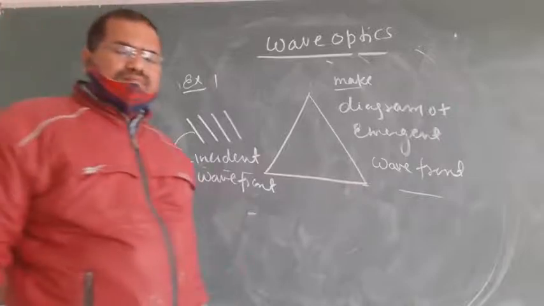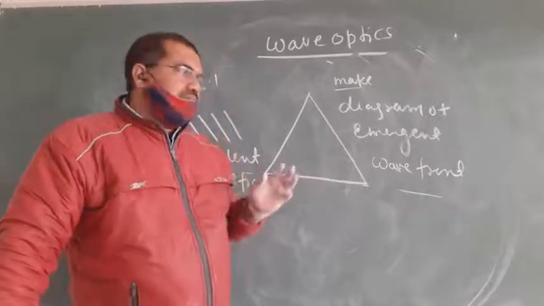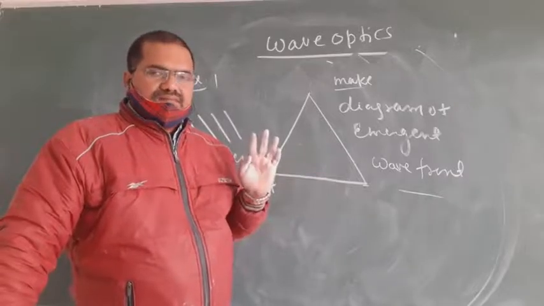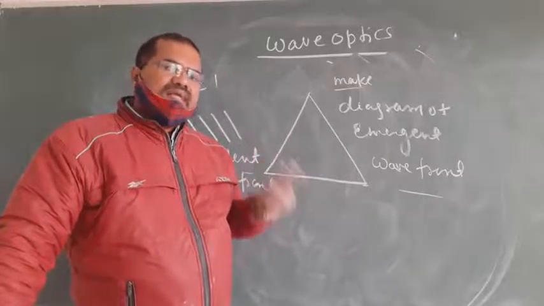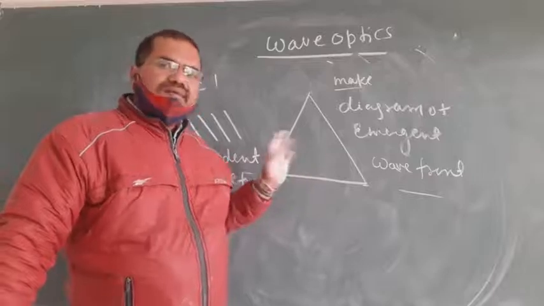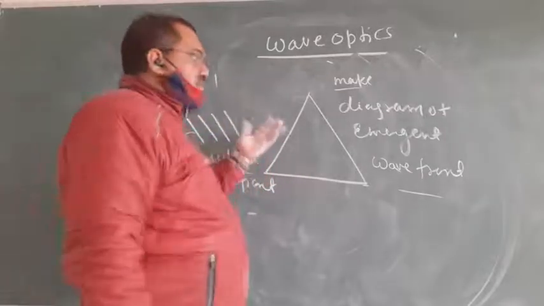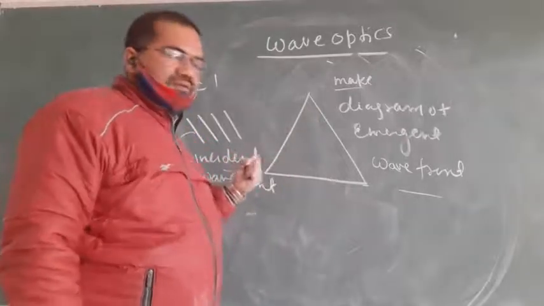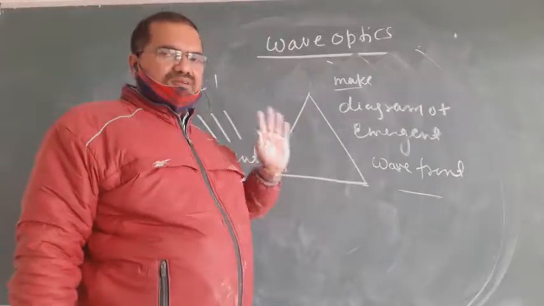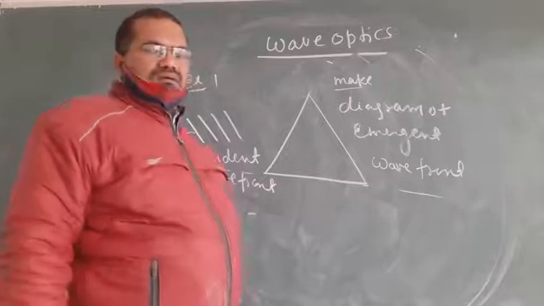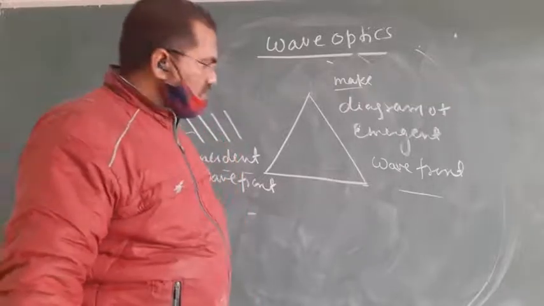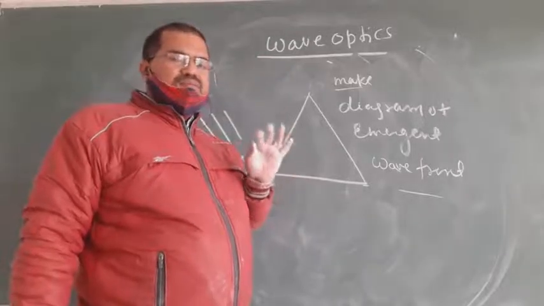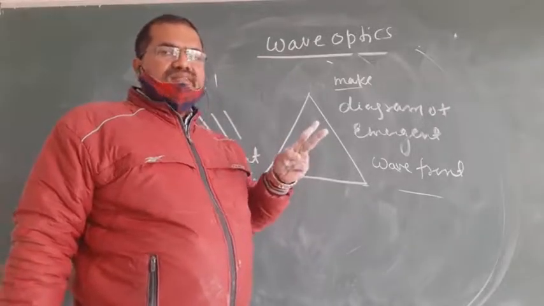Listen, remember that you should always make two rays, and we have already told you how to make the rays on different surfaces like prism, convex lens, concave lens, mirror, whatever the surface is, and you know the ray diagram. So you can just draw two rays and make the wavefront.